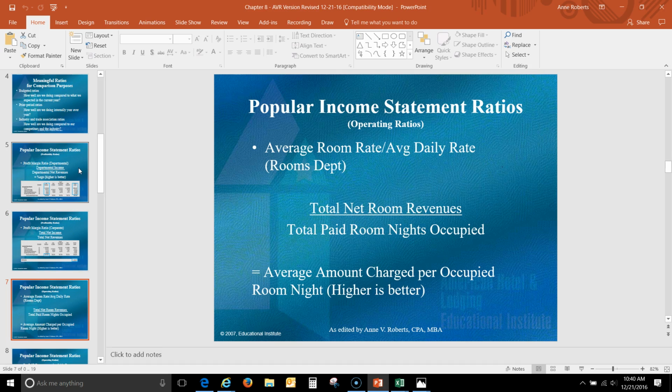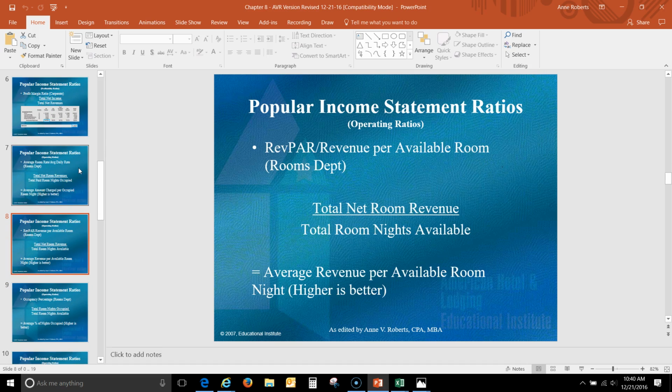When we're talking about an average room rate, again, remember, this is going to give you like a dollar amount. So it's going to give you $75, $90, $100. And again, how much people are paying for our rooms, higher is better. Okay? Same thing with RevPAR. RevPAR is going to give you a dollar amount per room, like $50, $55, $60.